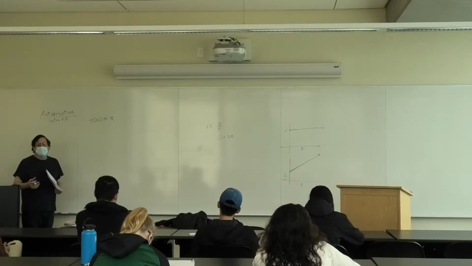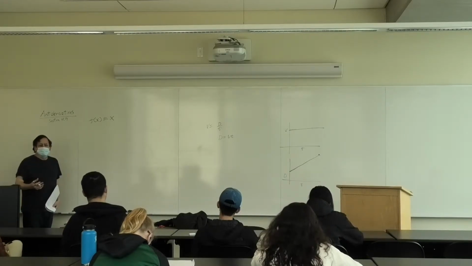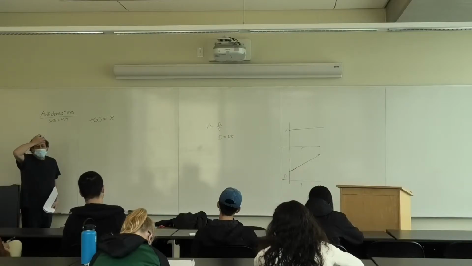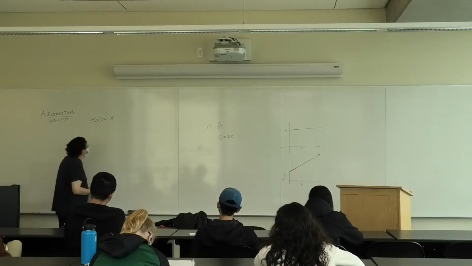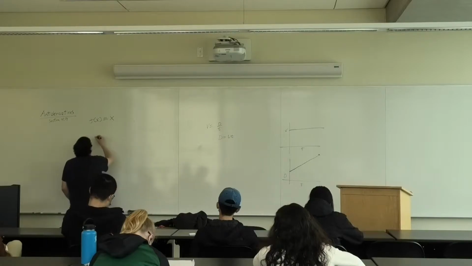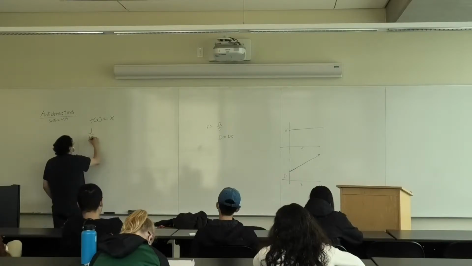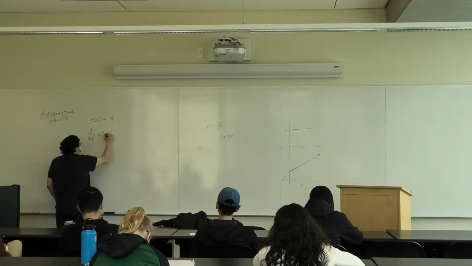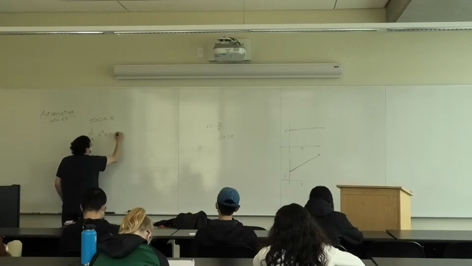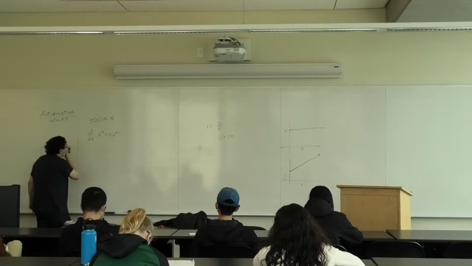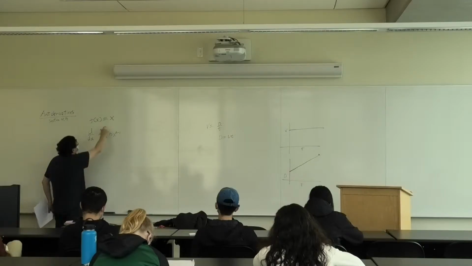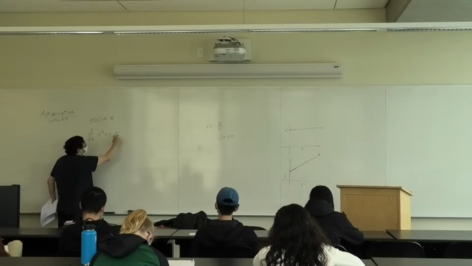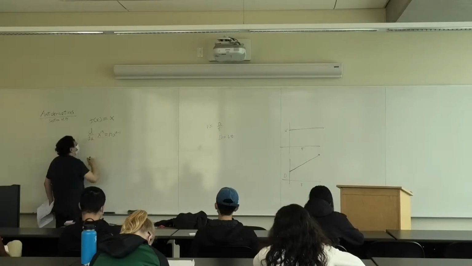We want to find its antiderivative. Well, we think about the power rule. The power rule says the derivative of x to the n is n x to the n minus 1. So we figure we're going backwards. Like we found the derivative, we subtract 1 from the exponent, so we probably have to add 1.